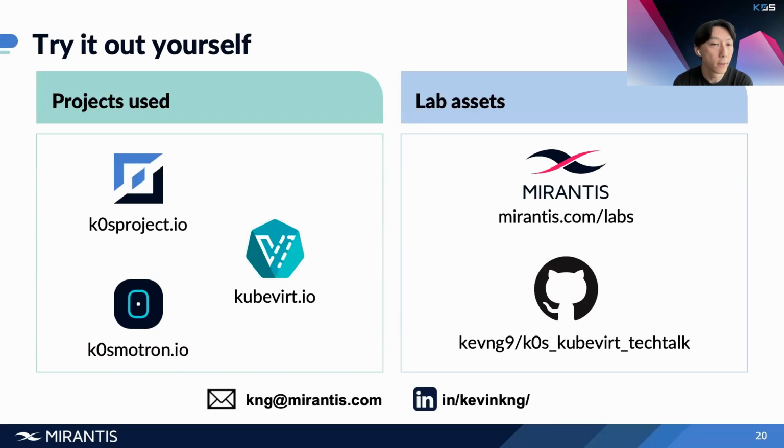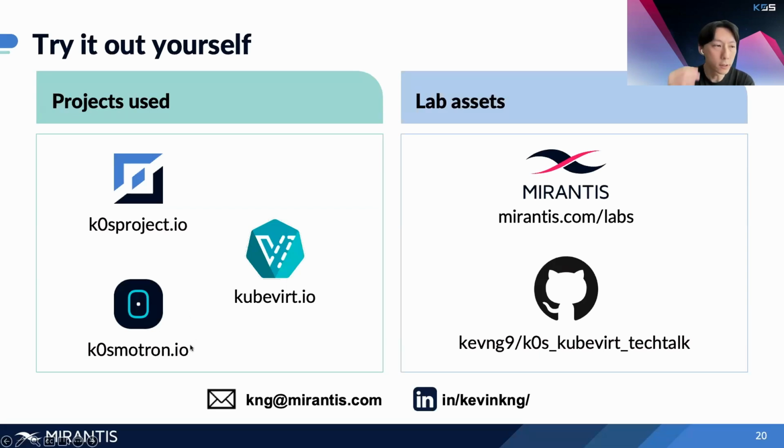All of the projects and all of the things that I've created are listed out. So feel free to try it out for yourself. We do have all of the assets here on this GitHub repo. So if you'd like to play around with KubeVirt, feel free to try it out. The project that we use, if you'd like more information, we use k0s for our Kubernetes cluster.